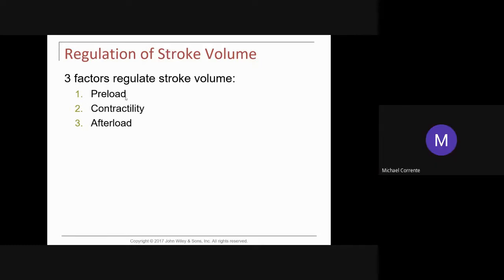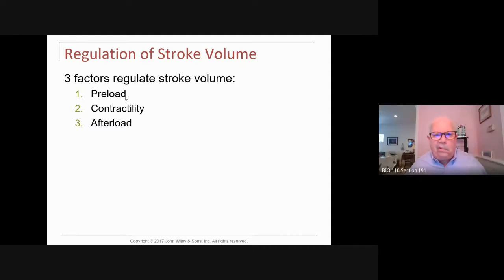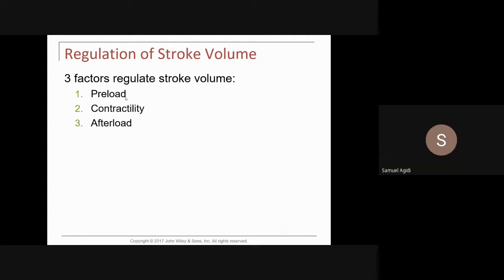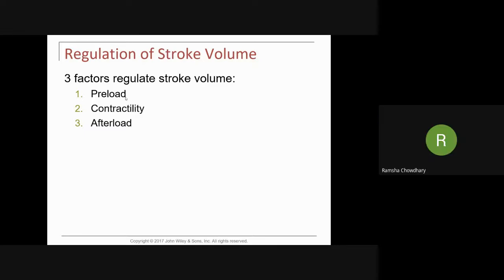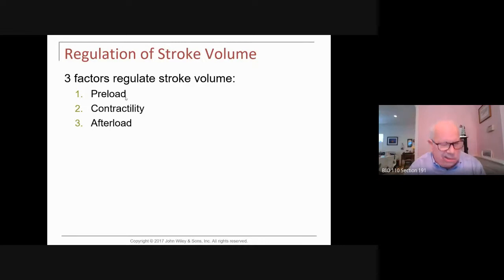Yes. What would decrease preload? If there's not enough blood flow or something. Yeah, okay. Now let's go into that. So like clotting, I guess. Clotting certainly could do it.